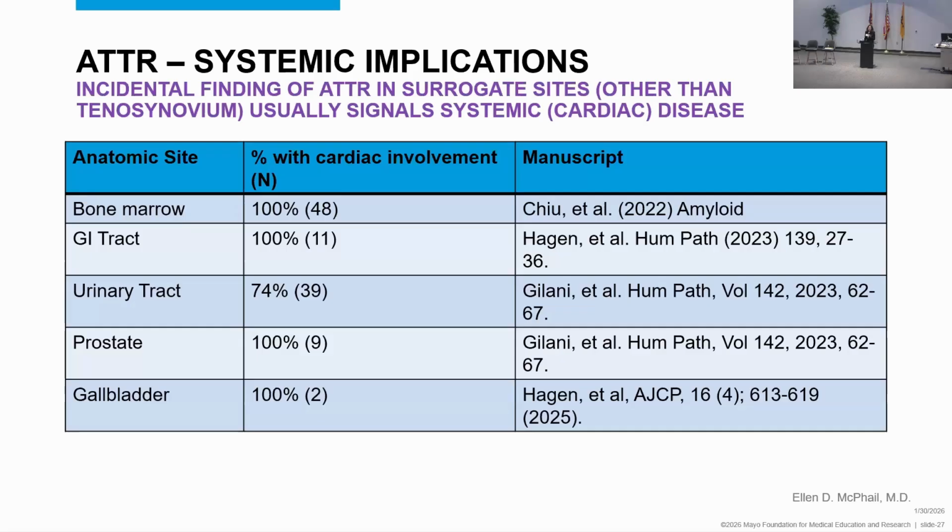And your pathologist, as good as we are, if you have a prostate biopsy, your pathologist is probably wondering about, is there cancer there or not? They may not be looking at the blood vessels and thinking, oh, maybe this is amyloid. So you need to ask your pathologist to go back to the specimen, do a Congo red, and think about it, because it's possible that those vessels were overlooked. So this is just another way to maybe spare a patient a heart biopsy.